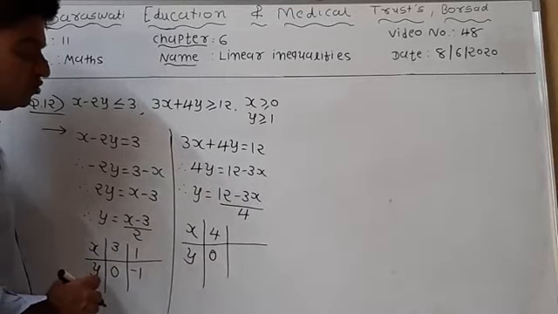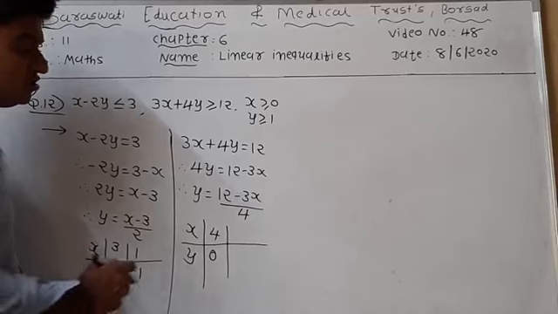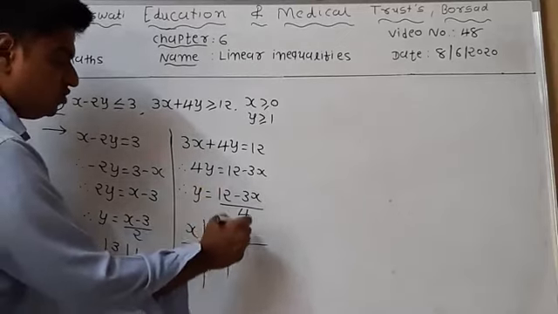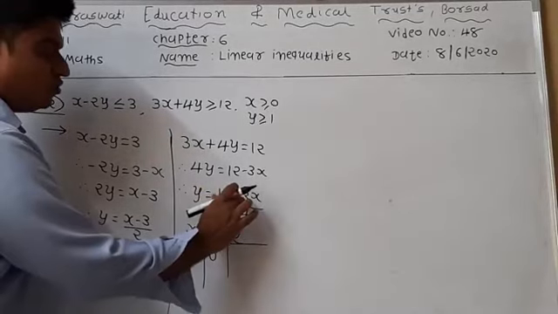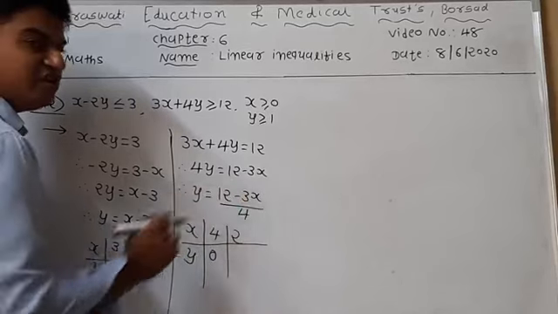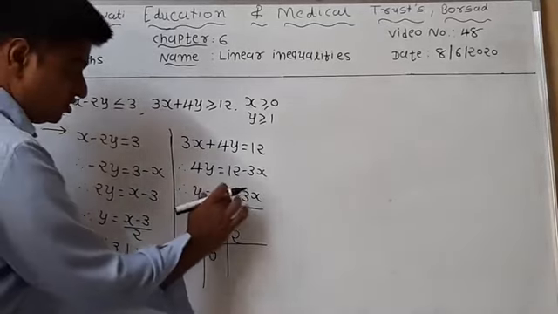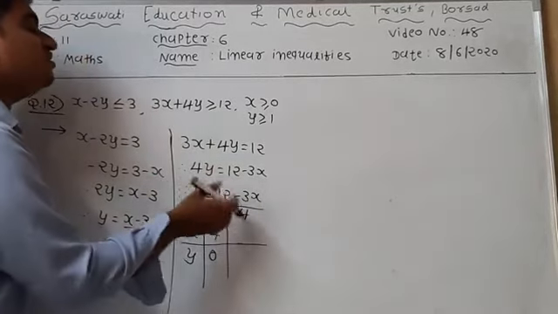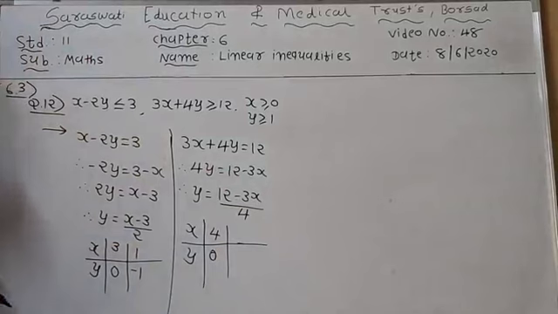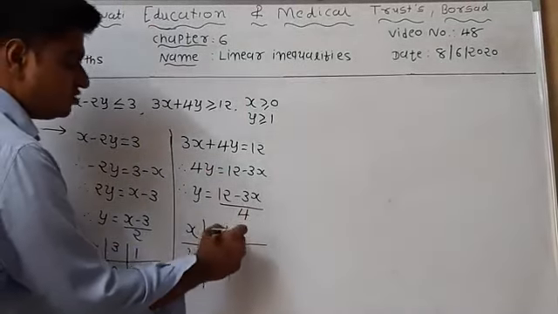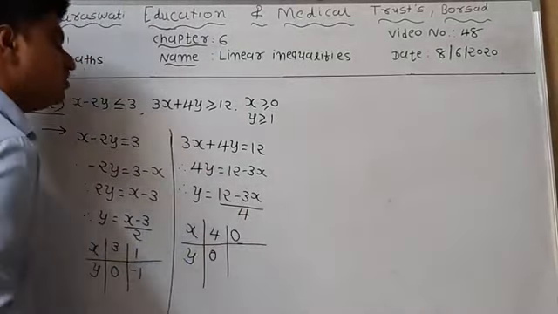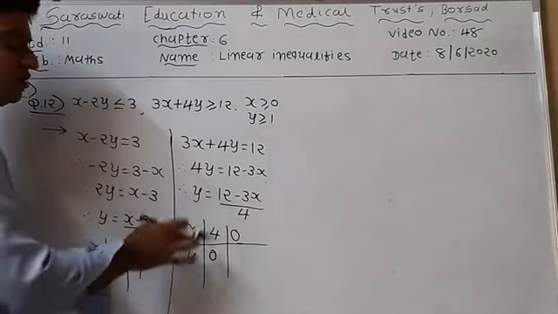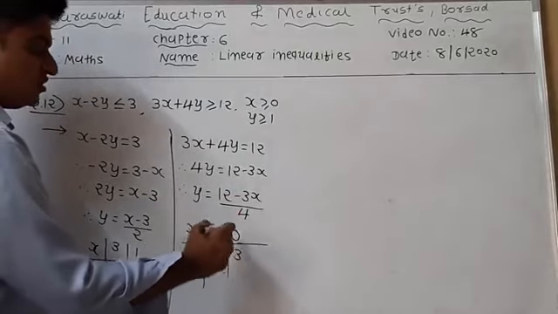In place of x, suppose we consider 2, so 3 twos are 6, 12 minus 6, that means 6, 6 by 4, so here we get the value 1.5. Now in place of x, suppose we consider 0, so this part is 0, 12 minus 0, that means 12, 12 divided by 4 means 3.